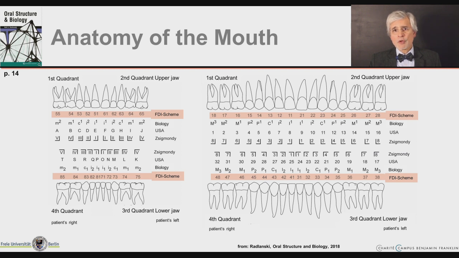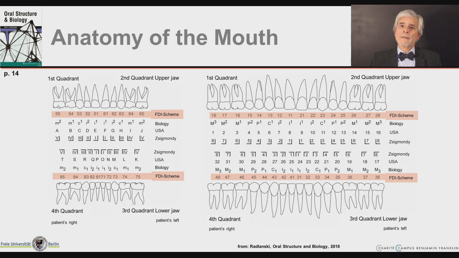There you start counting in the middle, so the incisors are number 1, and then you go backwards from there distally to the 5th in the primary dentition and to the 8th tooth in the permanent dentition. This is basically the same in every quadrant. But of course, you still want to know exactly which tooth it is, so you put the number for the quadrant in front of it.